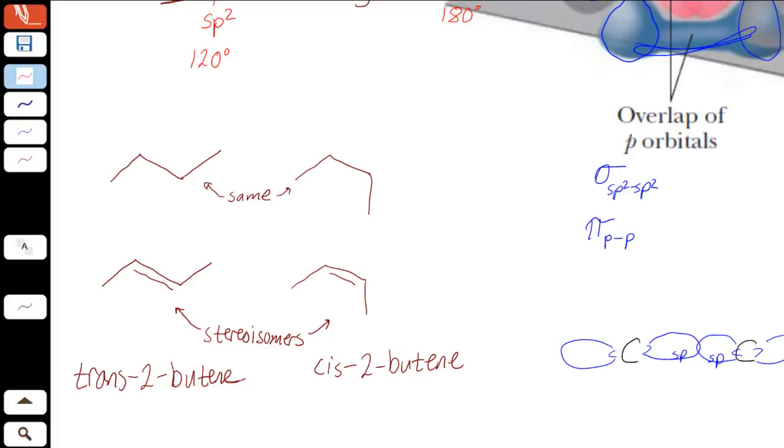So there's one up here. And then there's another one that's kind of like coming out at us and going back behind. So the bonding in a triple bond is you have that sigma bond in the middle of the two sp orbitals.